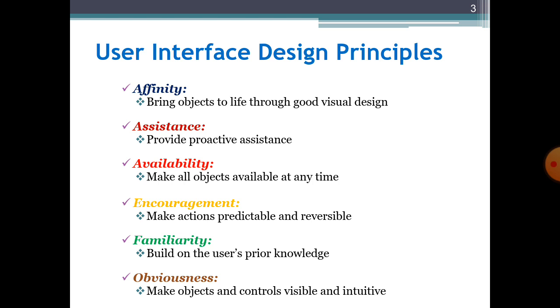The objects and concepts in an object oriented interface should resemble those in the real world. Wherever possible, you should avoid artificial representations of your objects. So it's about obviousness, where you make objects and controls visible and intuitive, and your representation should be more realistic in the interface.